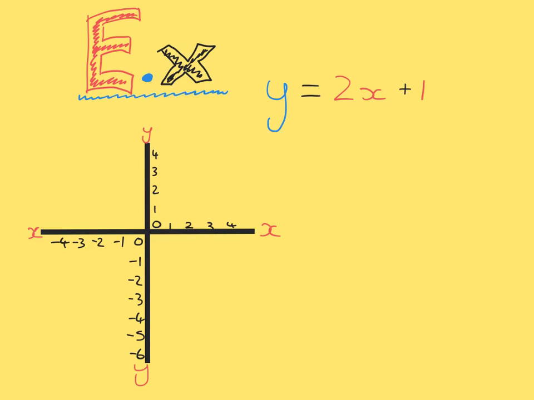Example 1. How are we going to put this formula into this graph? Well, let's do this right now. Now, we know this as the gradient, and we know this as the y-intercept.